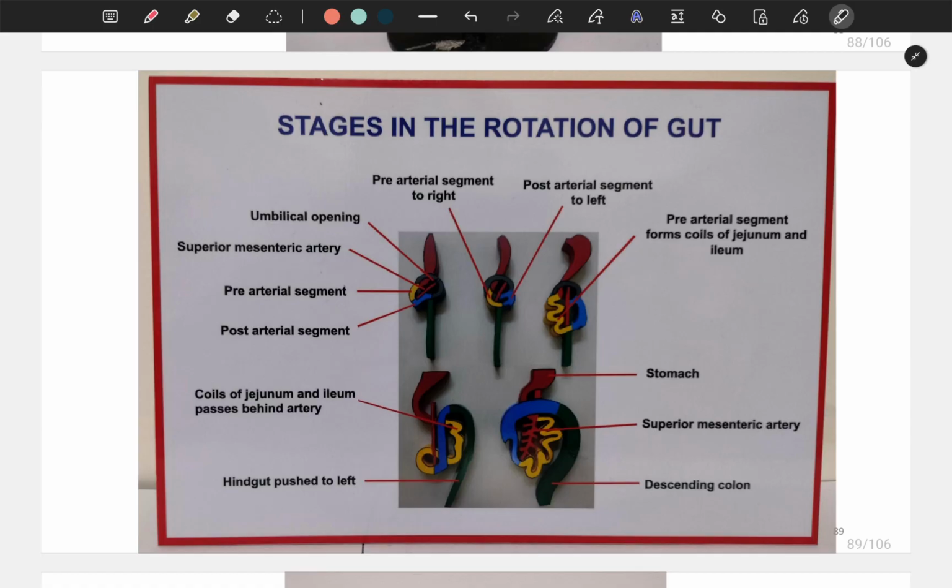Then the post-arterial segment comes into the abdominal cavity and it rotates again, third rotation, 90-degree anti-clockwise, and moves towards the right, that is subhepatic position, and descends to the right iliac fossa.